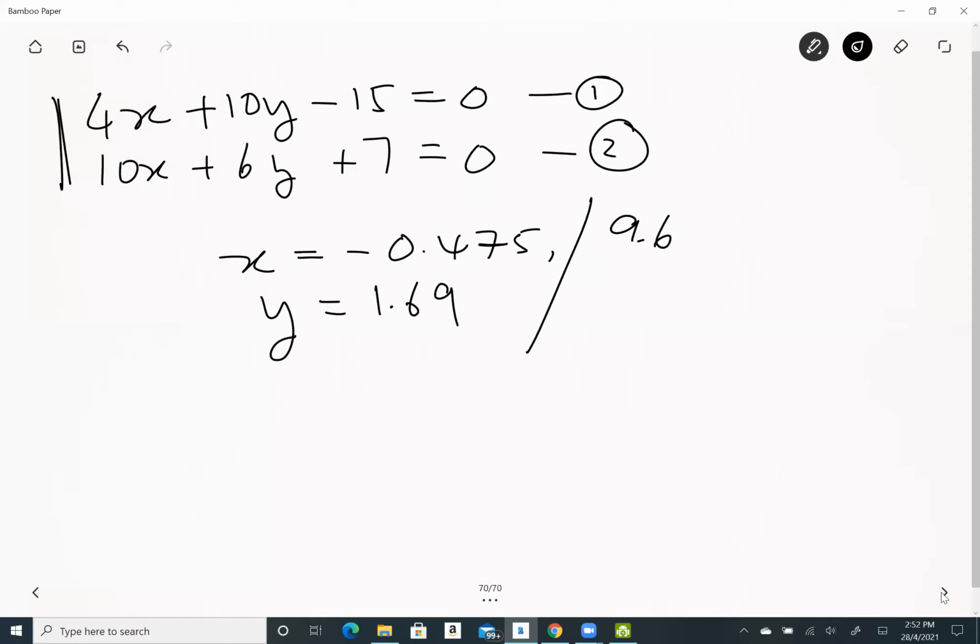Y is negative 2.34. Okay, so now you have 2. Let me check. Okay, let us check. Anybody else who get a different point?